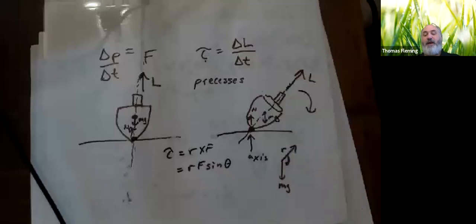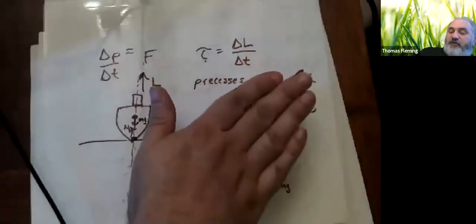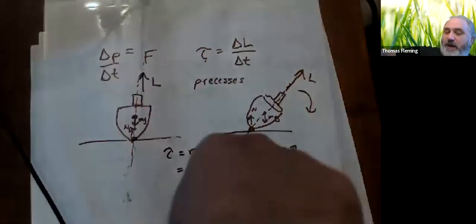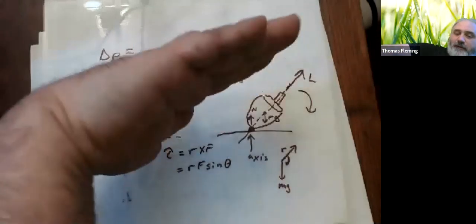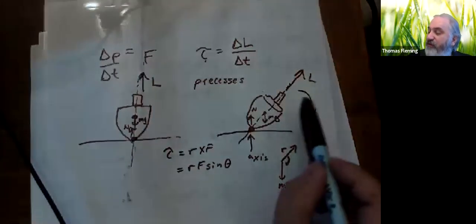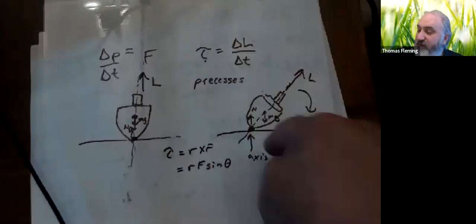So what direction is that torque pointing in? Well, again, I'll do the right-hand rule. I'll put my fingers in the direction of R, which is diagonally up and to the right. But then I'm going to bend my fingers toward the bottom of the page, which means I got to rotate my hand like so. My thumb points into the ground. So right now, this gravitational force is creating a torque that points into the page.